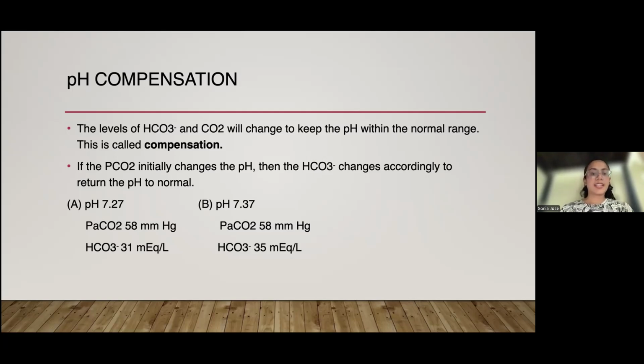So we know the primary thing now: it is a respiratory acidosis. The compensation for respiratory acidosis: if PaCO2 is the initial cause for acidosis, then HCO3 will change accordingly to bring the pH back to normal. Here, HCO3 is increasing to bring the pH to the normal side.